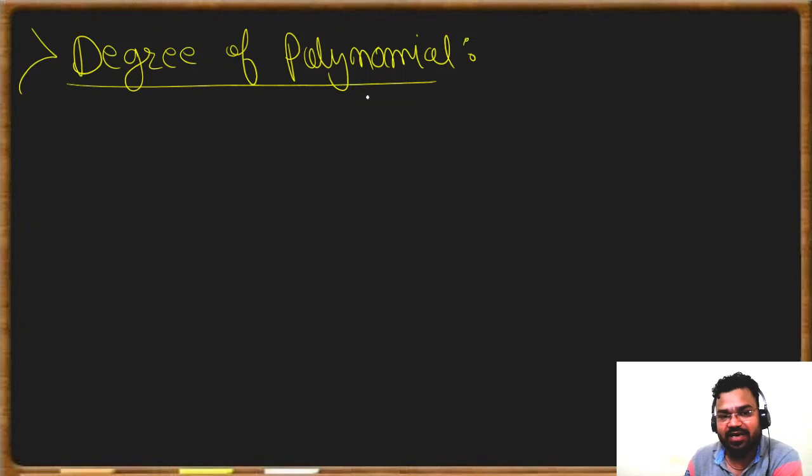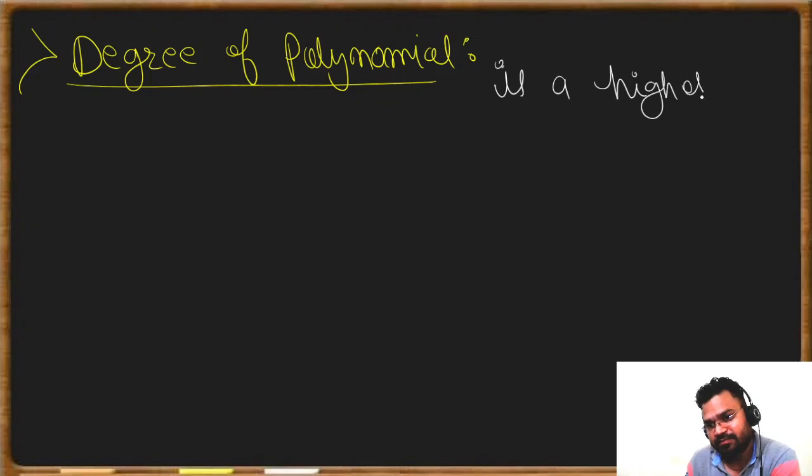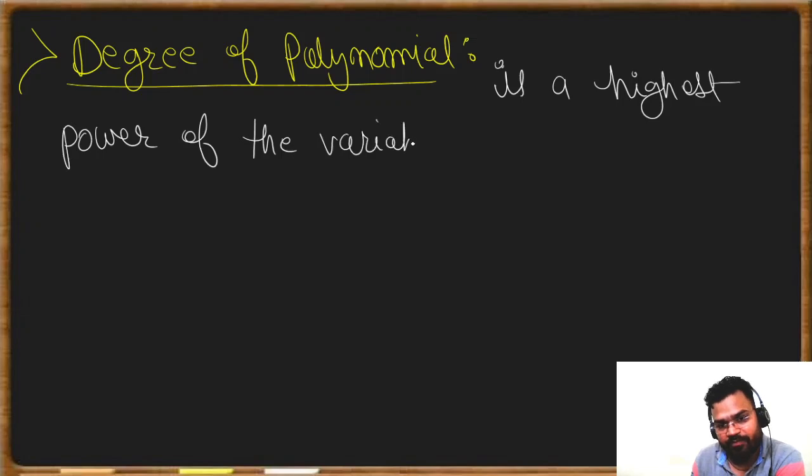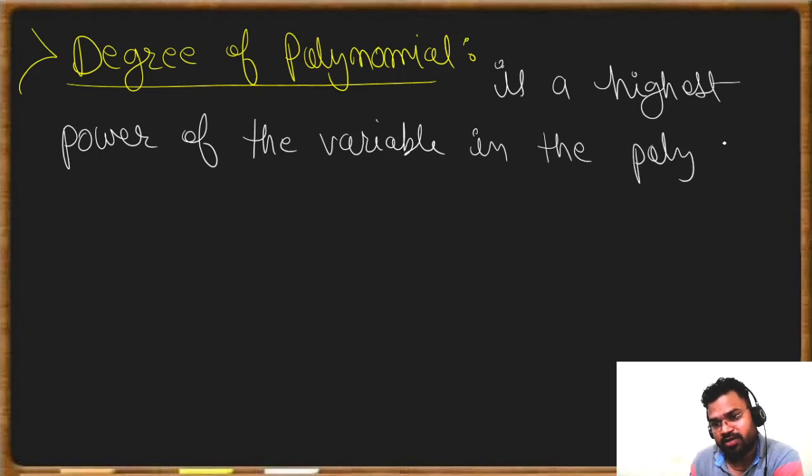So I am writing here: the degree of a polynomial is the highest power of the variable in the polynomial.